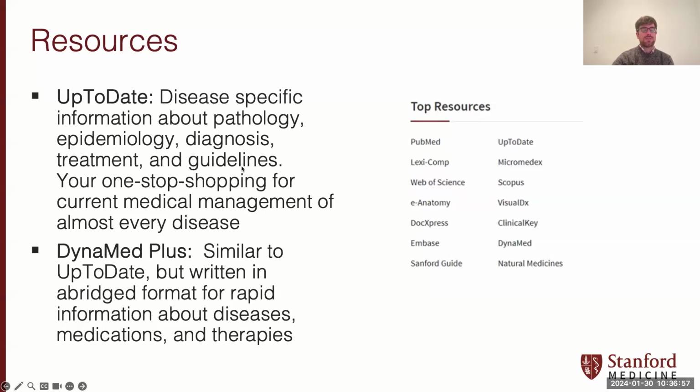So it's a nice resource to go to get an overview of the disease that is possible to give to patients even. And then Dynamed Plus is very similar to UpToDate, but it's written in a bit more of an abridged format. So it's really nice for rapid information. It's like bullet points, very straightforward, very easy to get through.